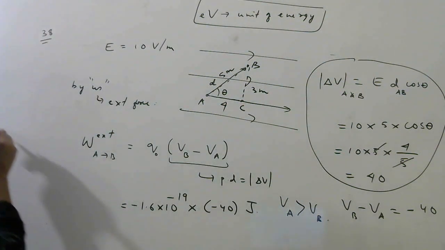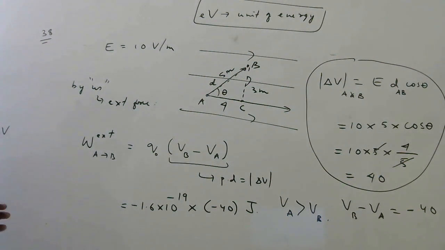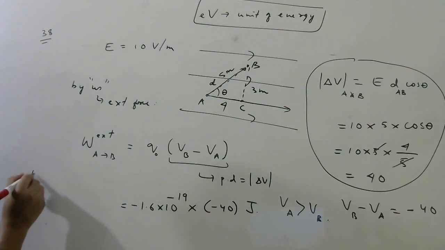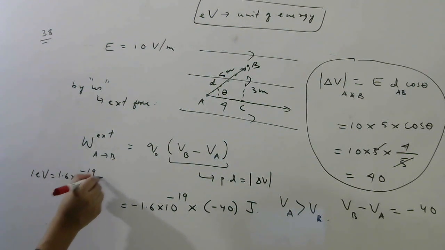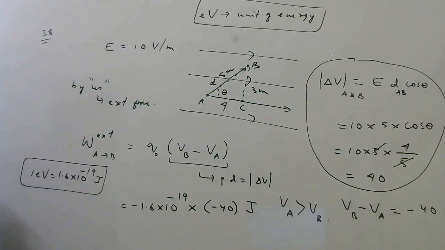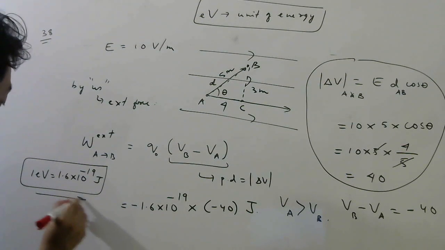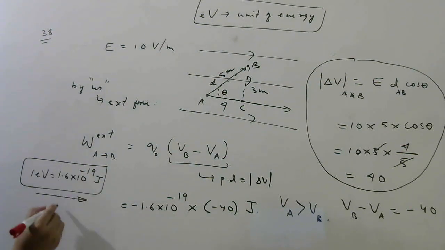Similarly, you should know 1 electron volt is how many joules. So 1 electron volt is 1.6 into 10 power minus 19 joules. If you go from electron volt to joules, you have to multiply by this number, and if you go from joules to electron volt, you have to divide by this number.